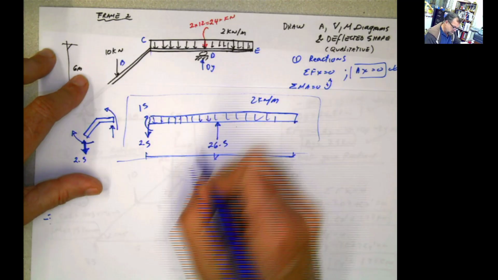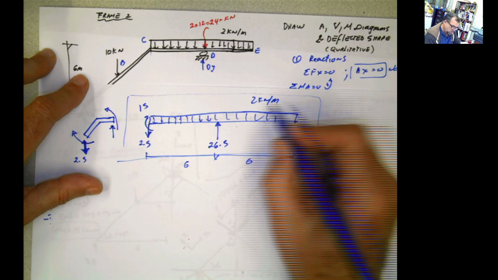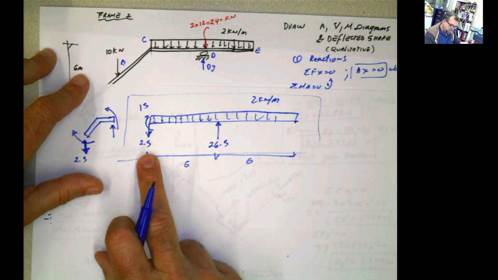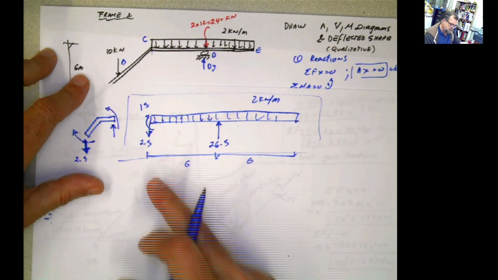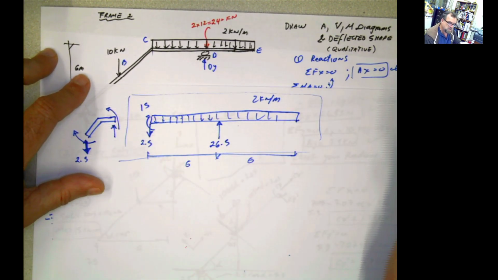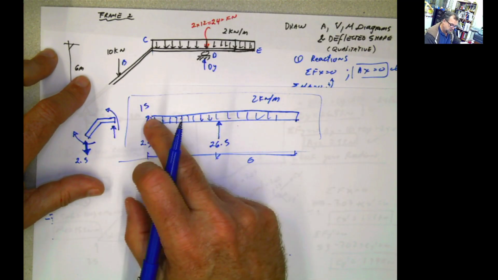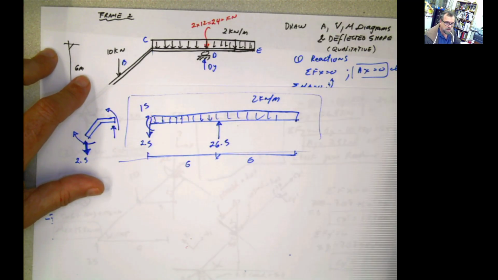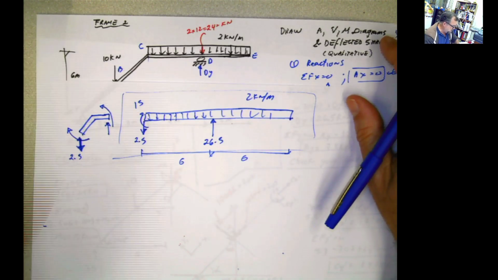Look, this is 6 and this is 6. This is 12. 12 times 2 is 24, right? 24 coming down, and you have plus 2.5 coming down is 26.5 coming down, 26.5 going up. Summation of forces in Y is 0. And as well, you can do the other summation of moments, and you're going to see that the moment is going to be 0 no matter what. So this is the second enforced member for that.